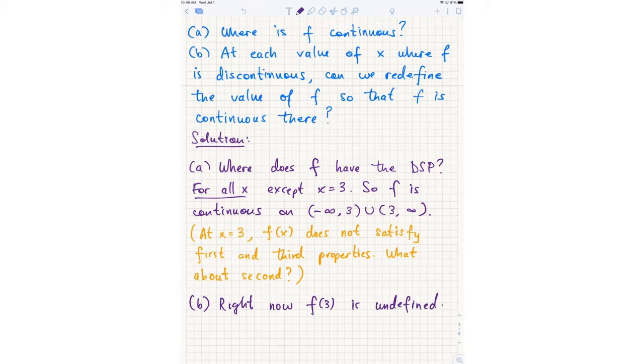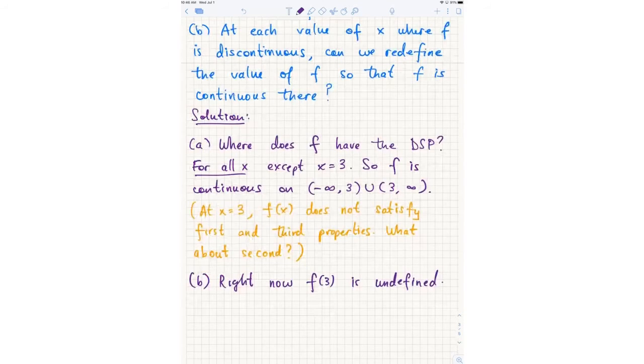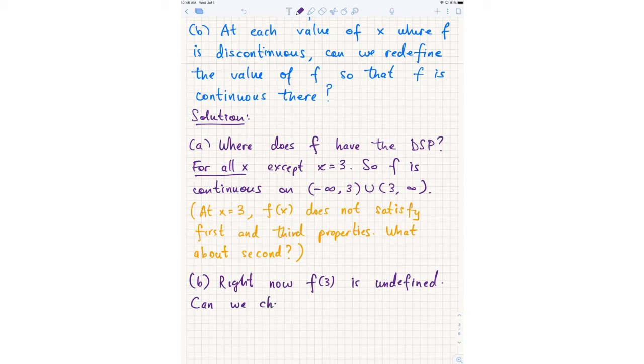So what is this question asking? At each value of x where f is discontinuous, can I redefine the value of f so that f is continuous there? So it's asking us, can we choose a value for f of 3 to make f continuous at x equals 3?